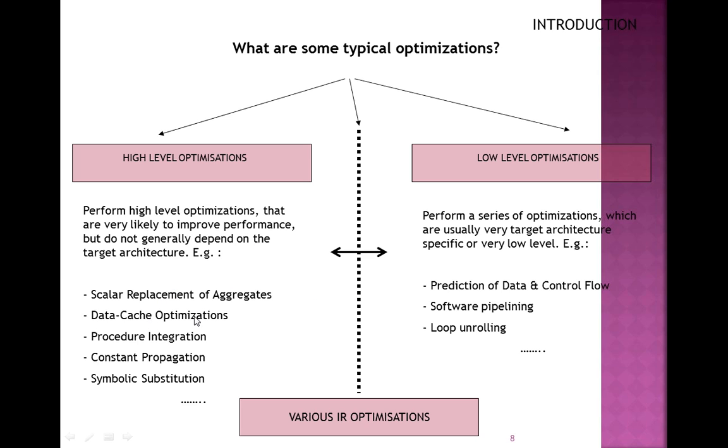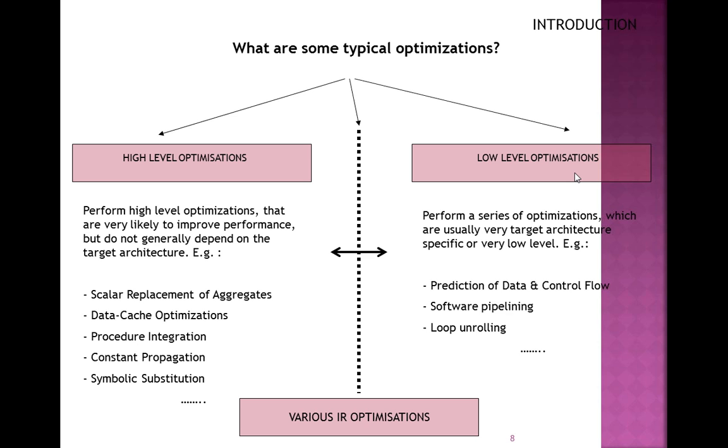Examples are scalar replacement of aggregates, data cache optimization, that is using the cache memory, procedure integration, constant propagation, symbolic substitution. Then the next part is low level optimization, which performs a series of optimizations that are usually very target architecture specific.